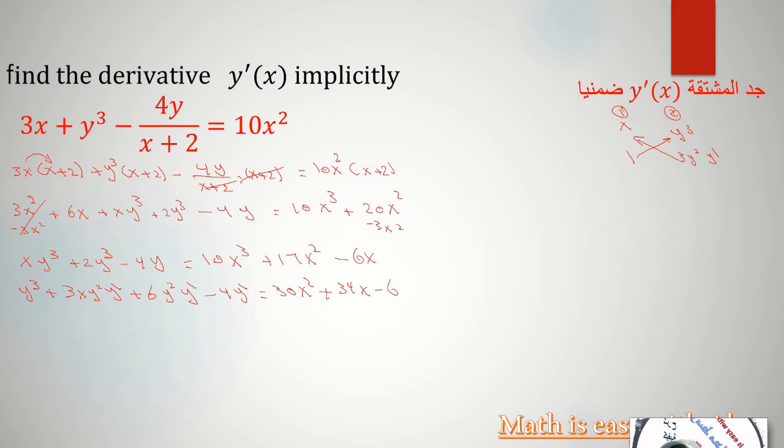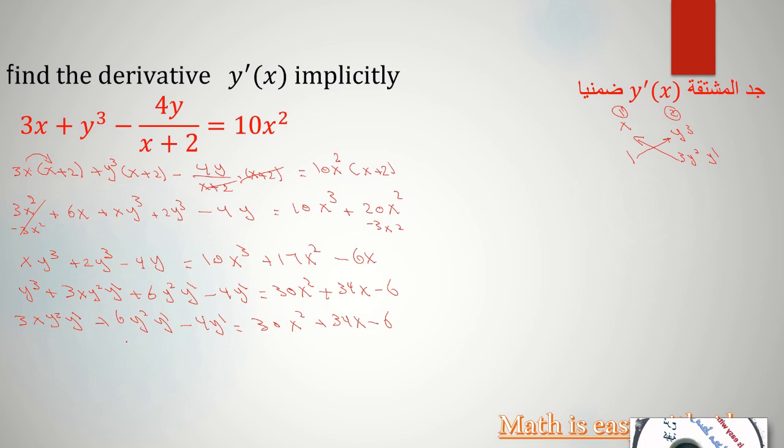Now move y cubed to the other side, so it will be 3xy squared y prime plus 6y squared y prime minus 4y prime equals 30x squared plus 34x minus 6.